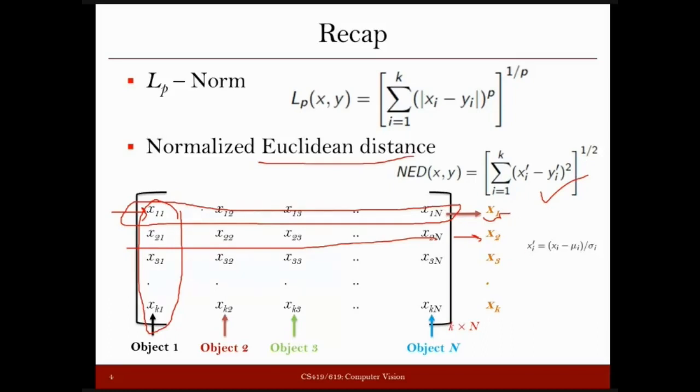For example, for the first object, the value of x1 is x11. For the second object, the value of x1 is x12, and so on. All right. So now, when we are talking about the normalized Euclidean distance, we will not use these x1, x2, x3, xk directly. We will first normalize these values, and then we will use them in the distance computation.